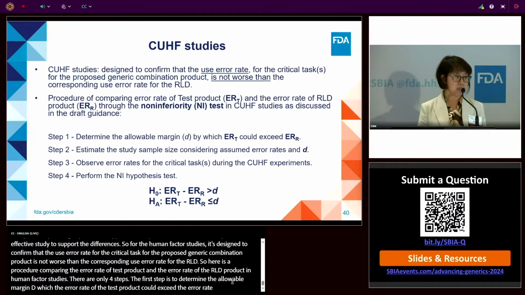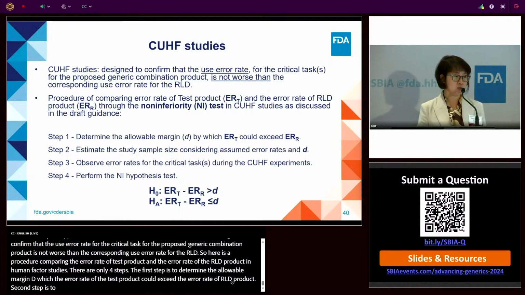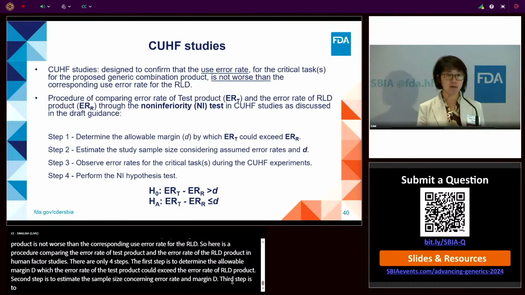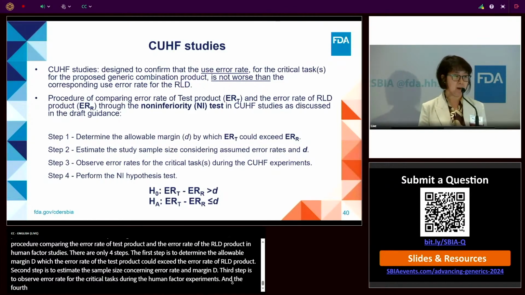The second step is to estimate the study sample size, considering assumed error rates and the margin D. The third step is to observe the error rate for the critical task during the human factor experiments. And the fourth step is to perform the NI hypothesis test. I will introduce the details of each step in the following slides.